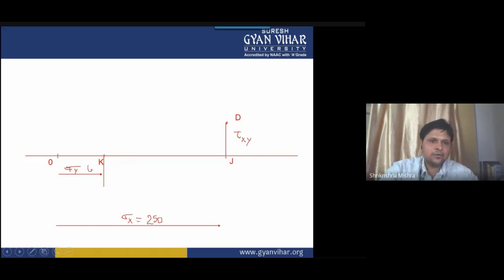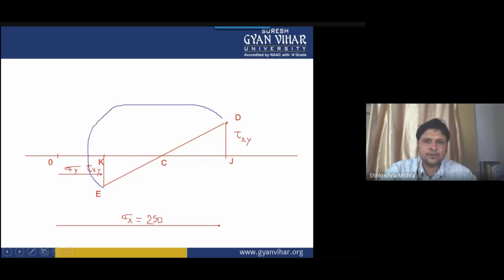It will also be equal to tau xy, and the point you mark will be your E point. Now you will join this D to E, and wherever it intersects this horizontal line, you will name it the center of the circle. And now you will try to draw the circle.